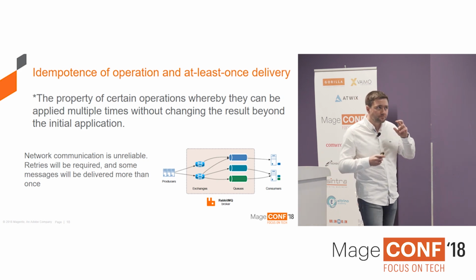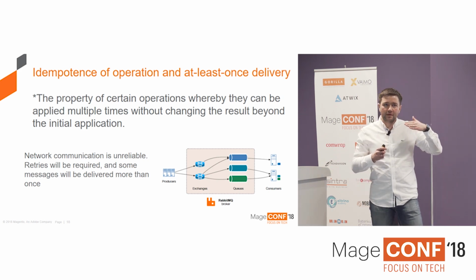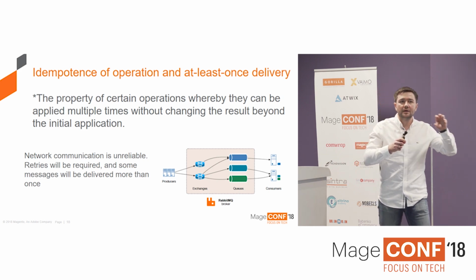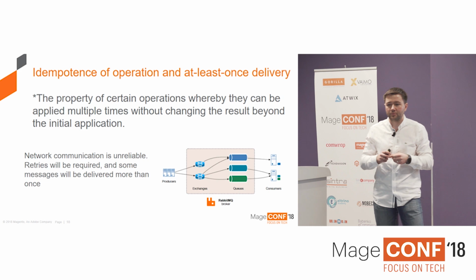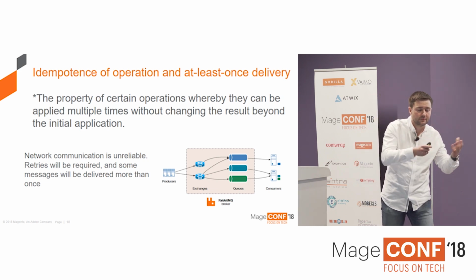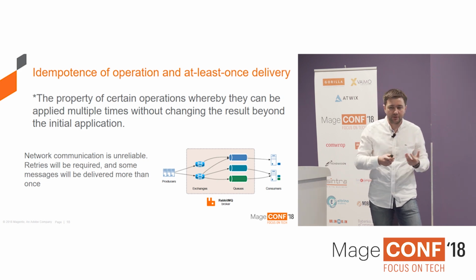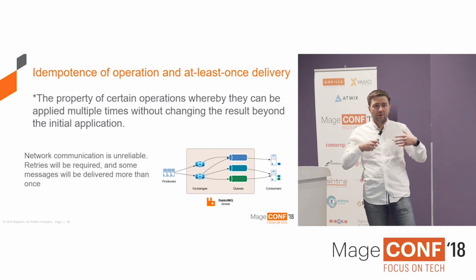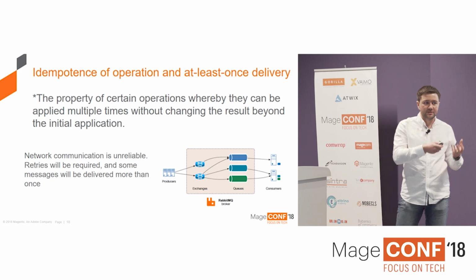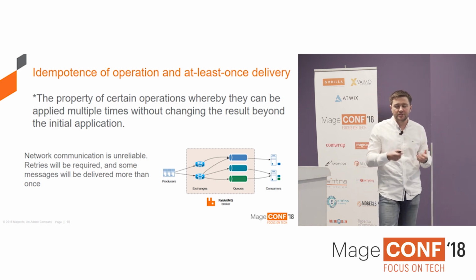For example, consider an operation like setting a value on a particular property. If you set a value like x to a particular property, this operation is safe and idempotent, because you can apply it several times, and the state of this property would be the same. It would be x. So we would not change it.